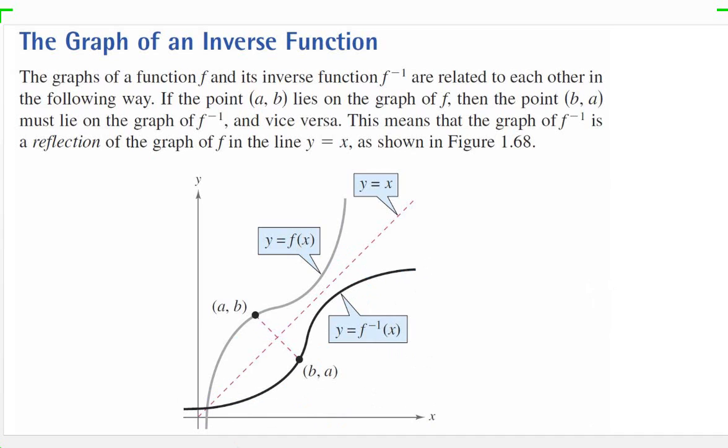Let's say there's some point (a, b) on a function. That means that on the inverse of this function there has to be the point (b, a), meaning the x and the y values will switch.